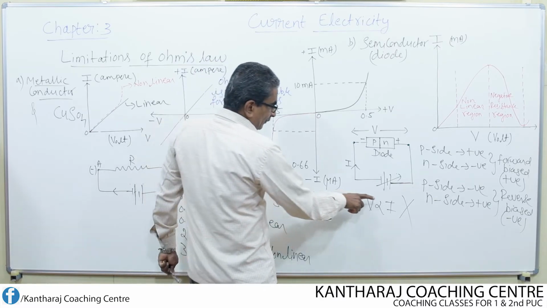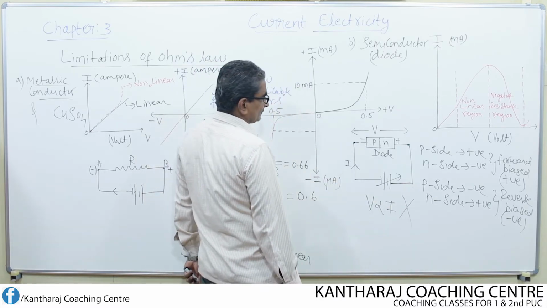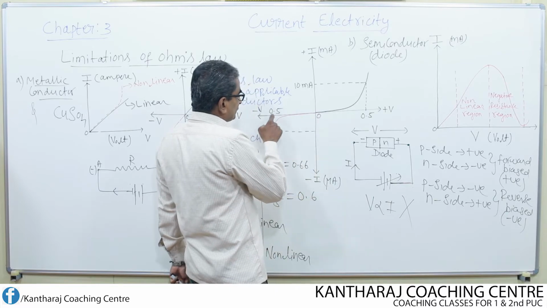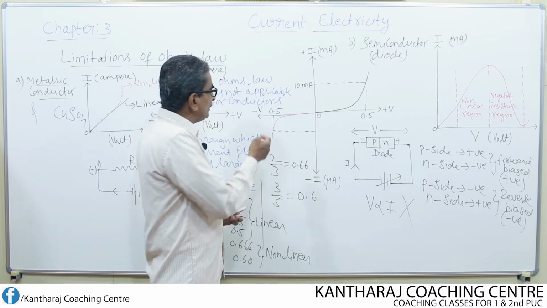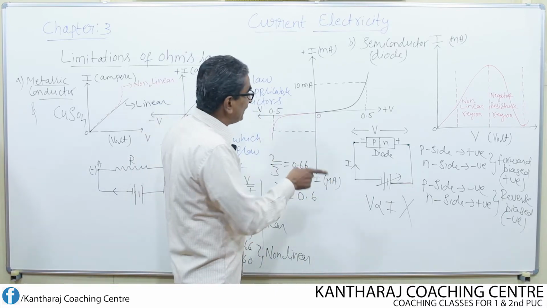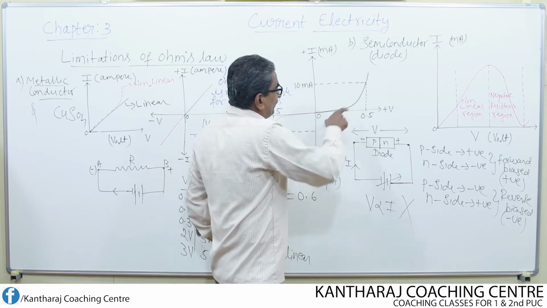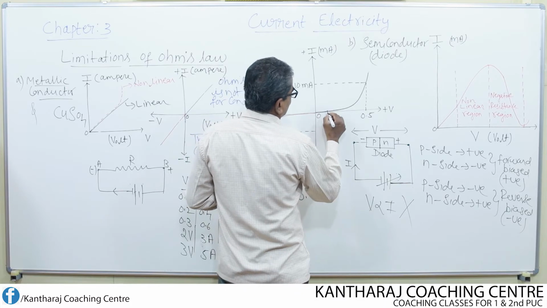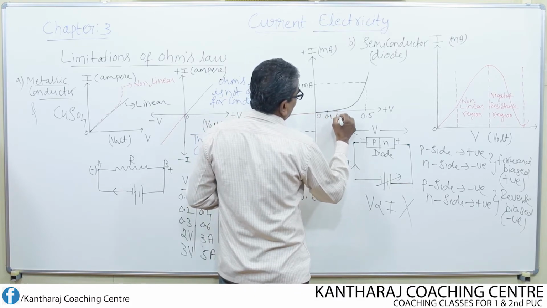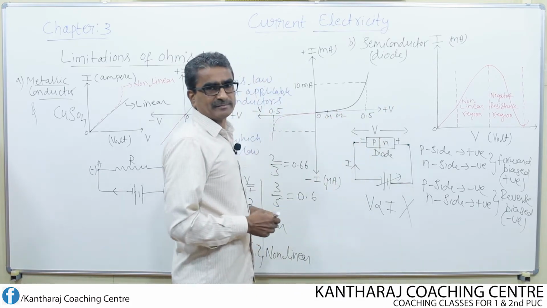Suppose you vary the potential difference up to 0.5 volt, as we varied in the case of forward bias. In forward bias, we varied the voltage 0, 0.1, 0.2, like this up to 0.5.